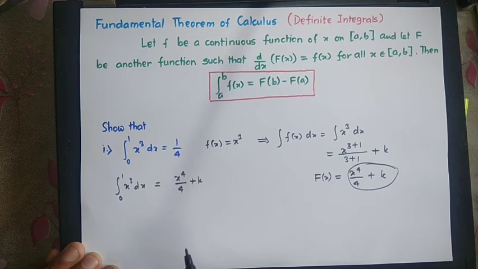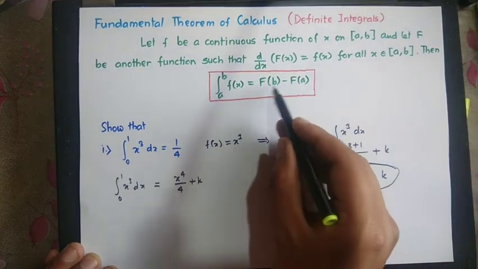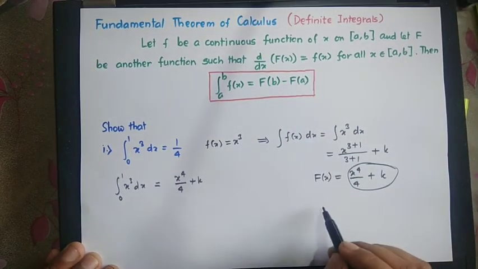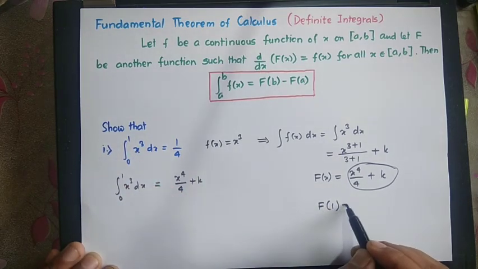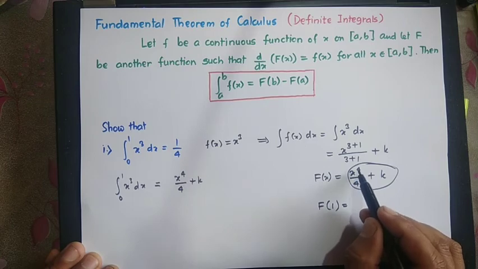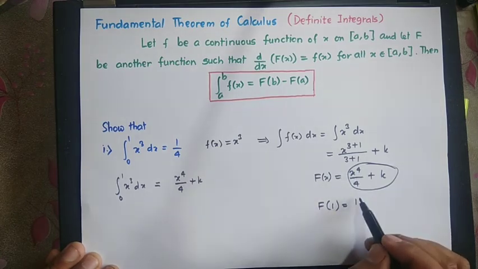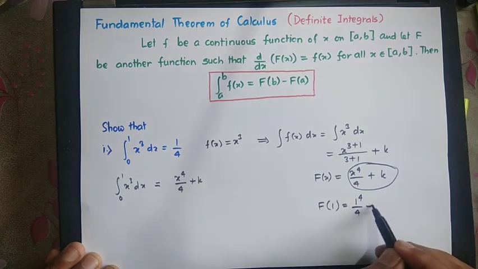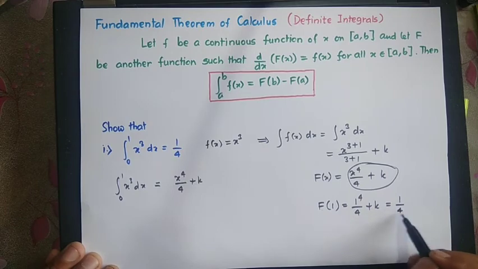According to the formula, my answer has to be F(b) minus F(a). So what is F(b)? B is the upper limit, which is 1. So F(1) is 1 to the power 4 by 4 plus k, which is 1 by 4 plus k.